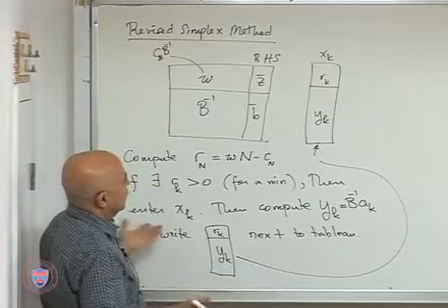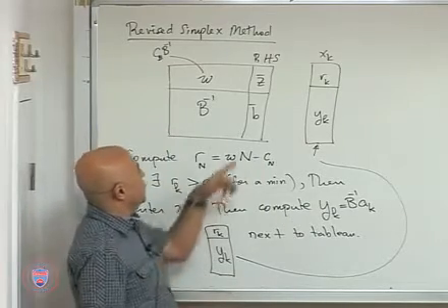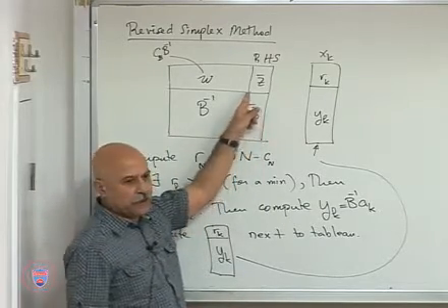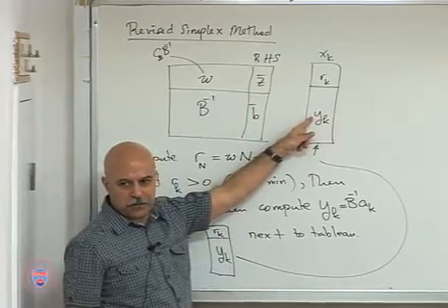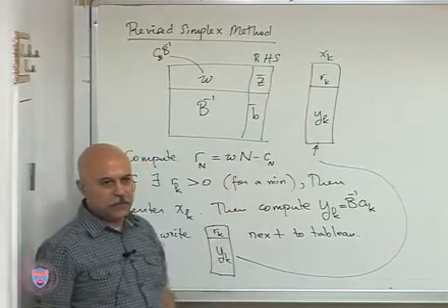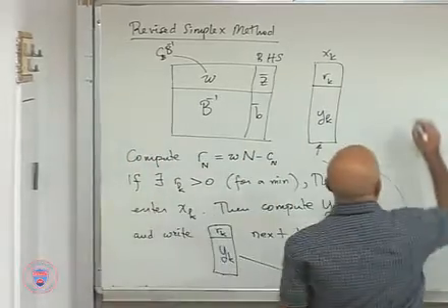All right, what is the next step? The next step is to look at the ratios of the B bar with positive elements in the entering column, and then identify the exiting variable.